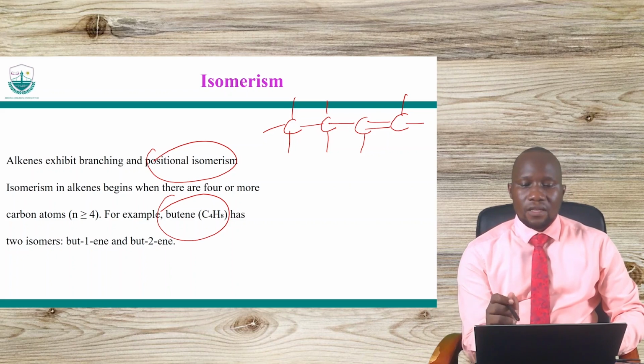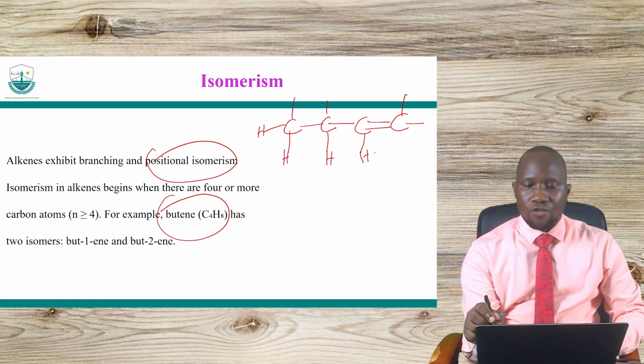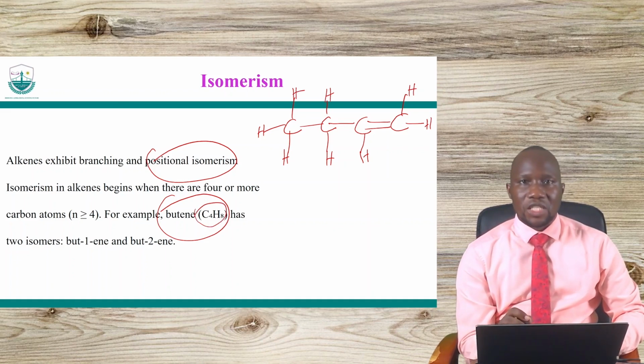The next thing to do is to confirm that indeed we have 8 hydrogen atoms, because butene has 8 hydrogen atoms. Do we have the 8? This is 1, 2, 3, 4, 5, 6, 7, 8. That is true. So that means this is what we have represented very well. So far so good, right?